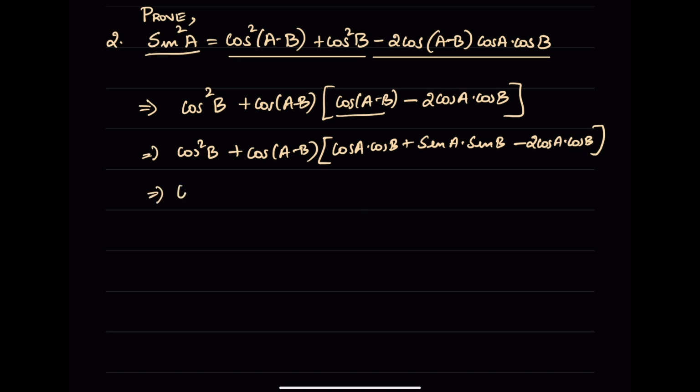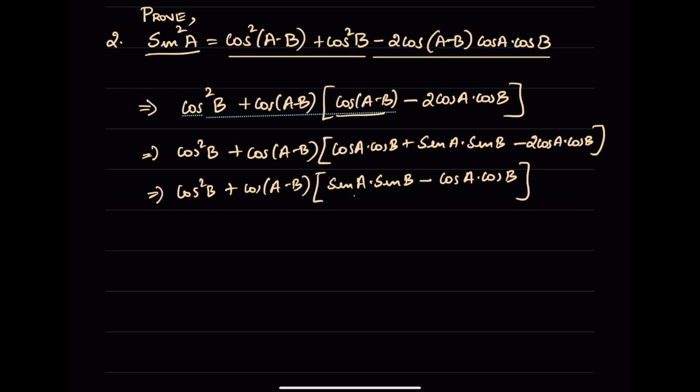So we would have cos square B plus cos of A minus B. Then this would be sin A sin B minus cos A cos B. Correct? So sin A sin B minus cos A cos B, how can we write this? So this would be minus cos of A plus B.